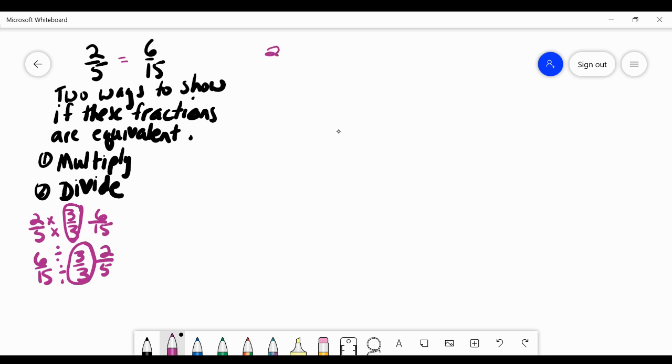What about 2/4 and 4/8? See if these are equivalent by one of these methods, multiply or divide. So let's multiply by a number that's equivalent to 1 to see if 2/4 is actually equivalent to 4/8.